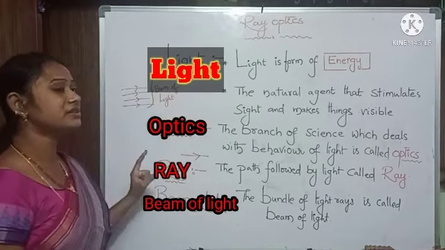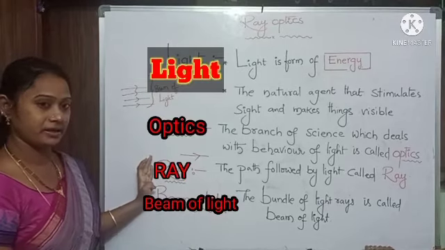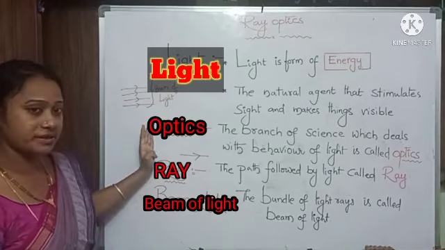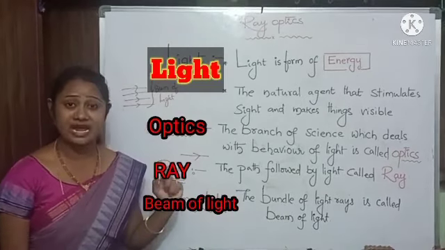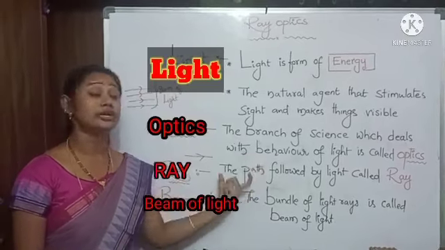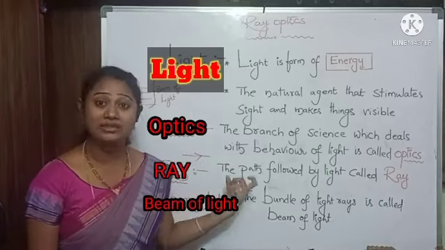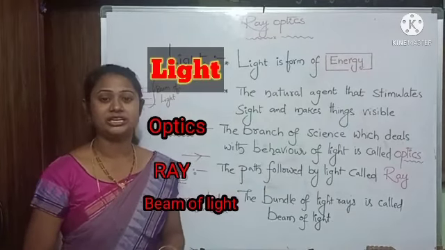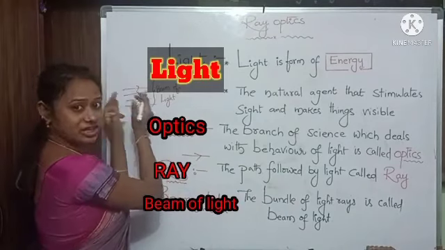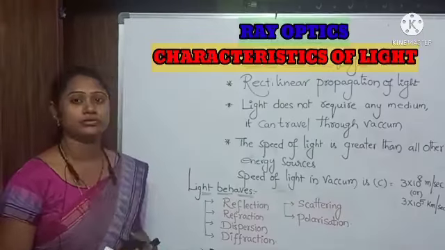Here the main things we have to discuss are optics and ray. So optics, listen carefully students, is the branch of science which deals with the behavior of light. Ray: the path followed by the light is called a ray. The bunch, the collection of light rays is known as a beam of light.